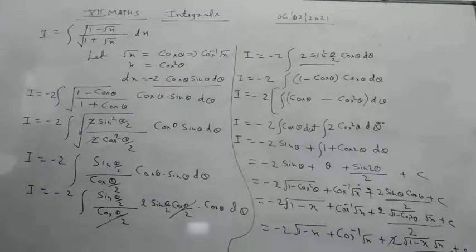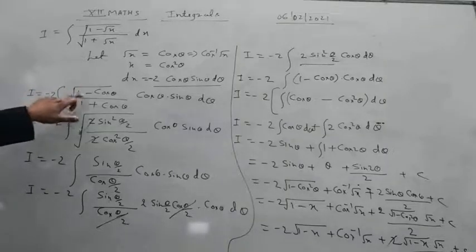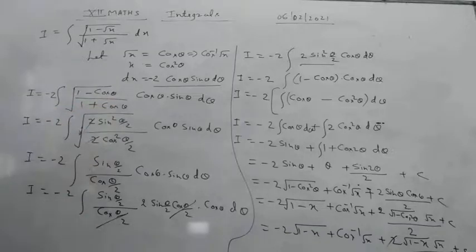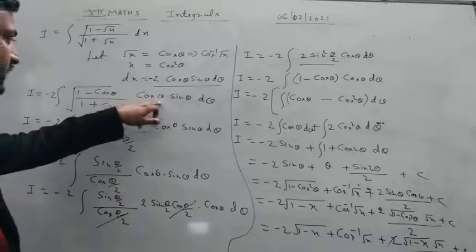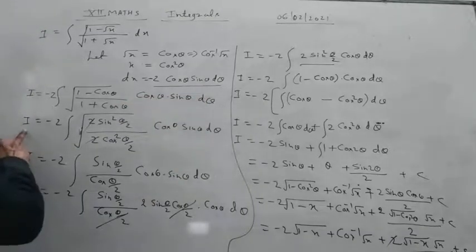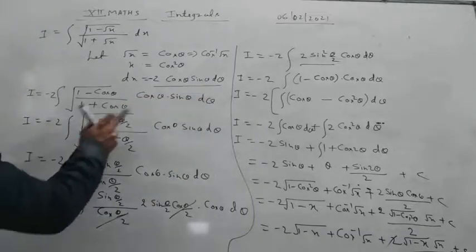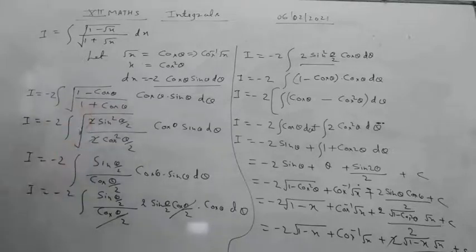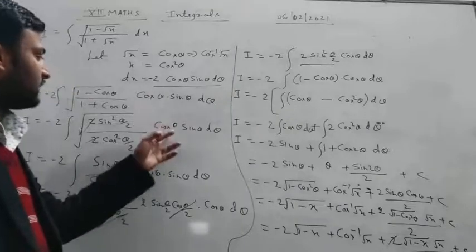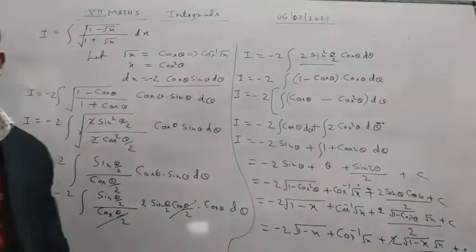So I is equal to minus 2 under root 1 minus cos theta divided by 1 plus cos theta, and this is cos theta into sin theta d theta. And I is equal to minus 2. This we can write as 2 sin square theta by 2 over 2 cos square theta by 2, and this is cos theta sin theta d theta.